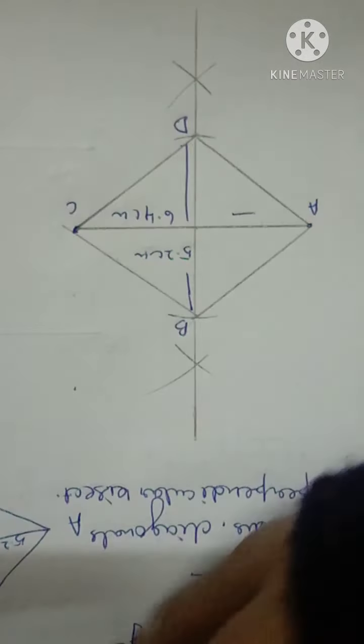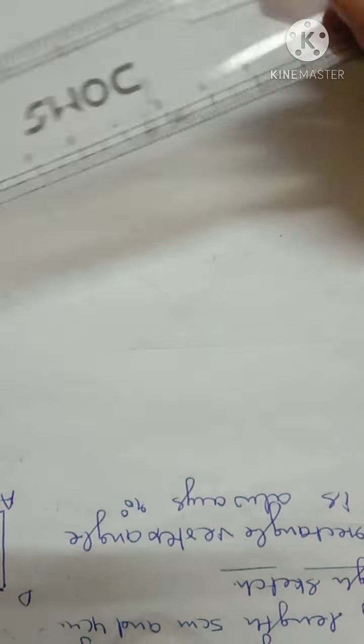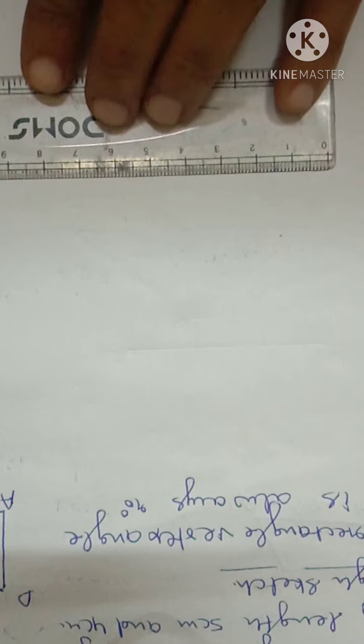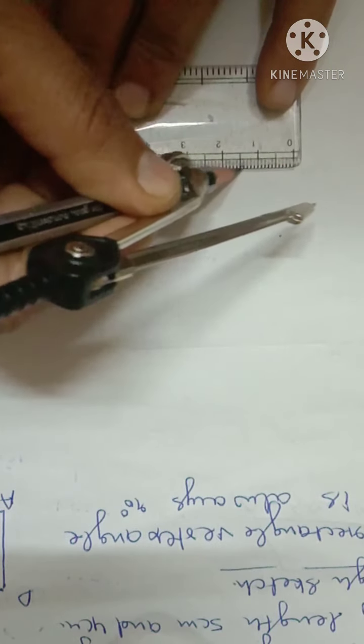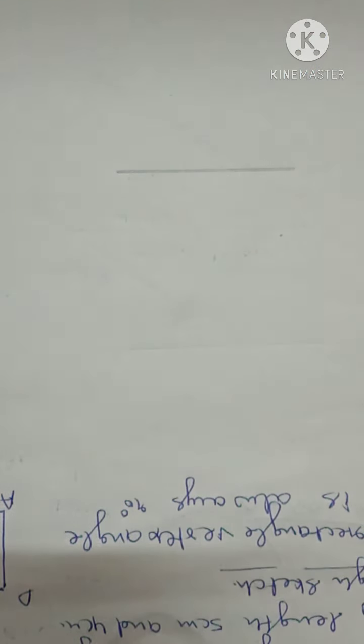Next question, question number 3. A rectangle with adjacent sides of length 5 centimeter and 4 centimeter. Again, we know that in a rectangle the vertex angles are 90 degrees. So how will we draw it? First I will draw the line segment AB as a base.